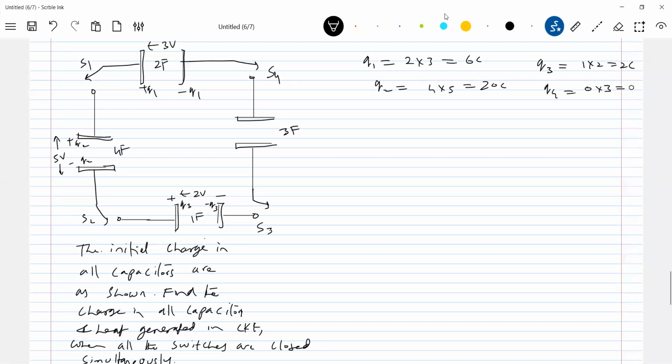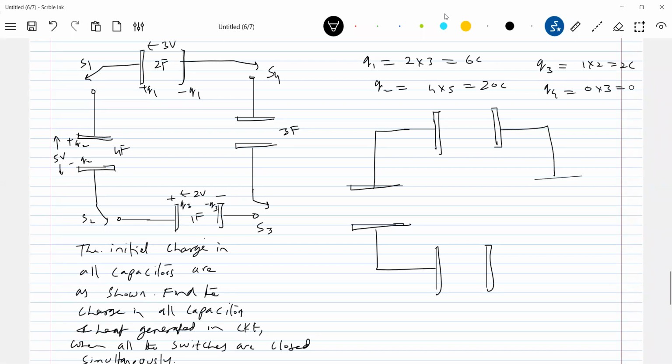After closing the switch, this will be the 2 farad. How to distribute the charges here?